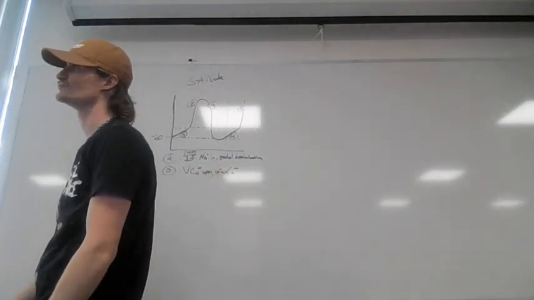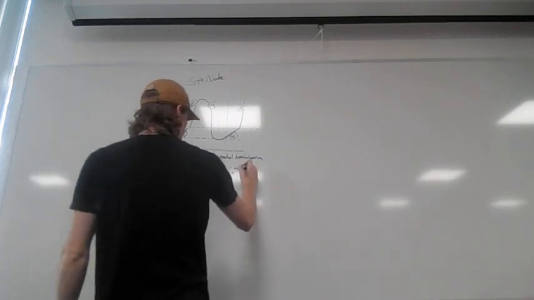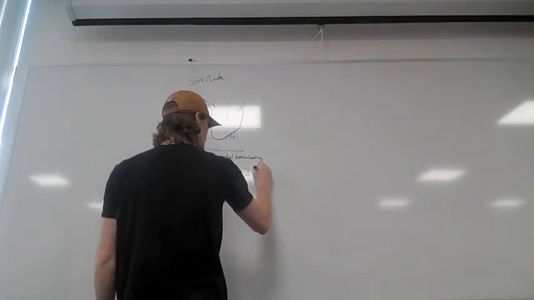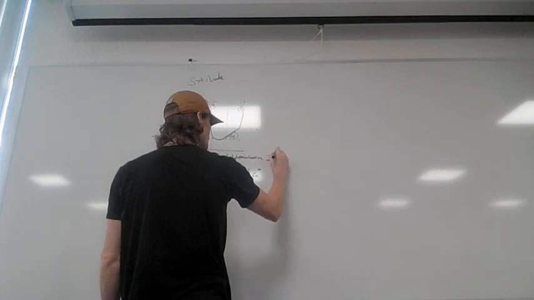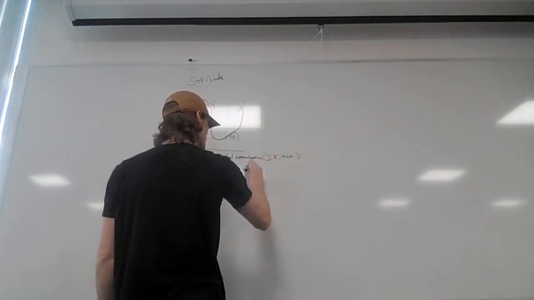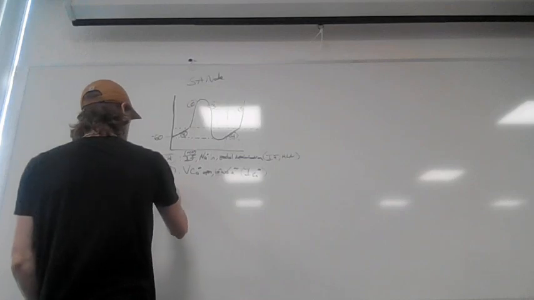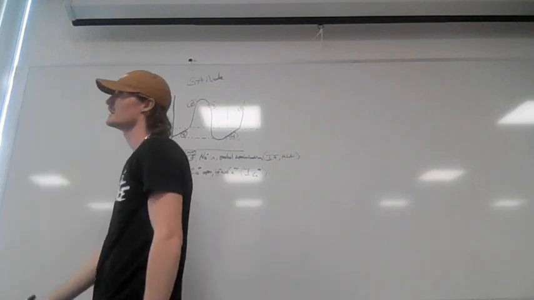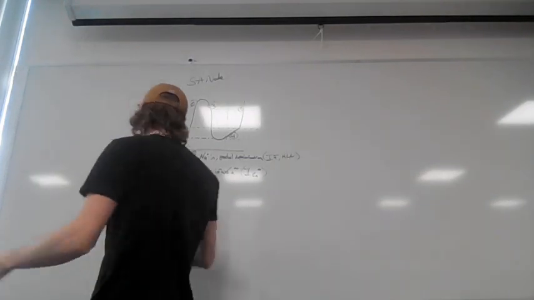I guess I could do this. These are going to be our channels: IF, HCN. These are the channels that we have. And in stage 3, the voltage-gated calcium channels are going to close.